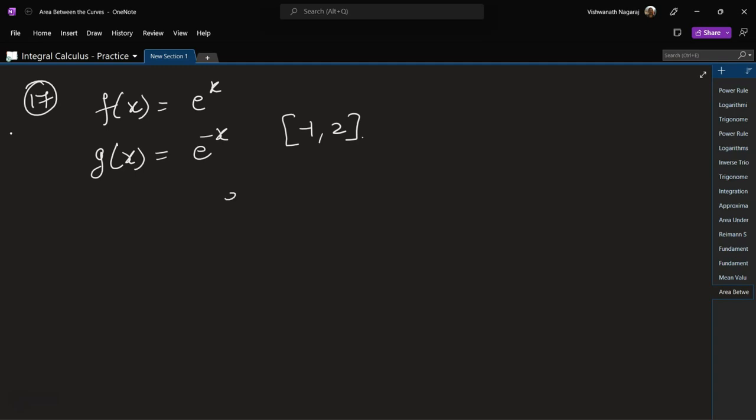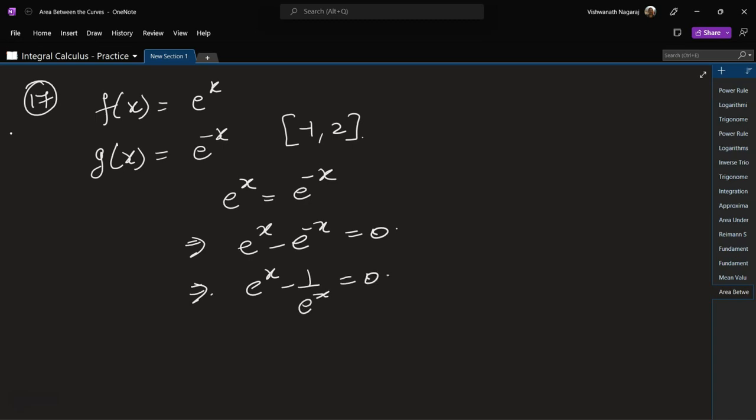Again, intersection. So e to the power of x is equal to e to the power of minus x, which implies e to the power of x minus e to the power of minus x is equal to 0, which implies e to the power of x minus 1 by e to the power of x equals 0, which implies e to the power of 2x minus 1 equals 0, which implies e to the power of 2x equals 1.